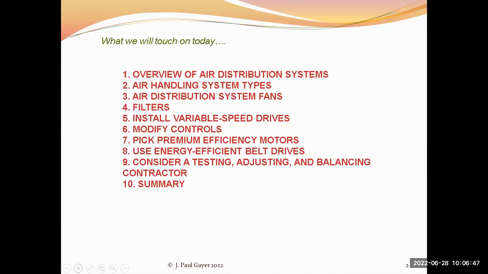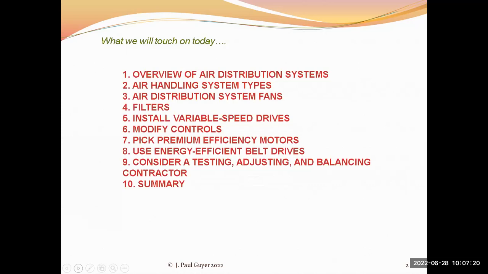Again, I'll typically be talking about a multi-story building, and the one where you've got a fan room on each floor, and then, like I say, off somewhere else in the building is a mechanical room that has the boiler and chiller in it. And so we'll be talking about the fans and filters in the air distribution system.